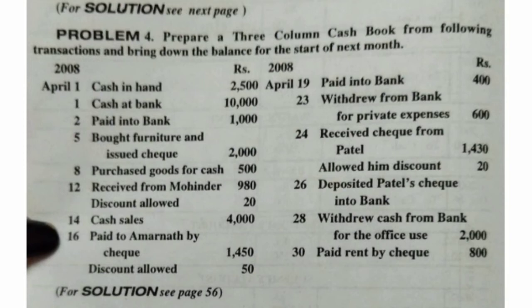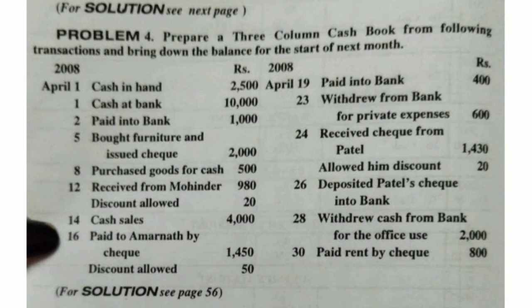In the first entry on the 24th April, you are debiting the cash, and on 26th April you are crediting the cash. So one debit and one credit, so cash is getting cancelled. Ultimately the entry is coming like bank account debit, discount allowed account debit to Patel account only. But we need to record this separately because they have given it in the question.